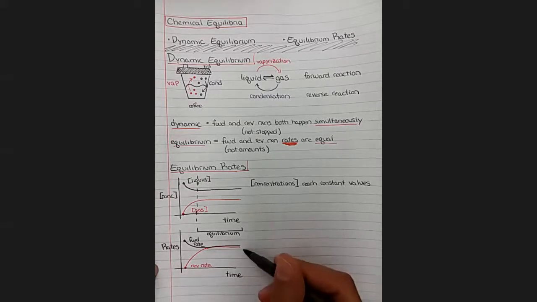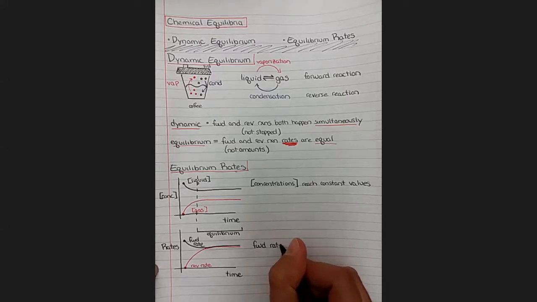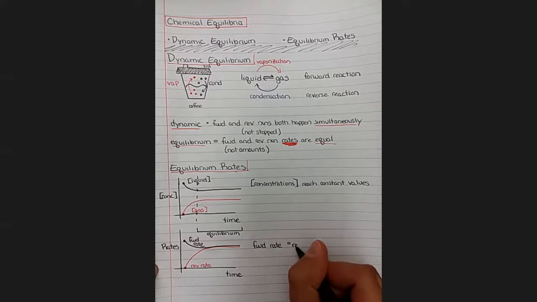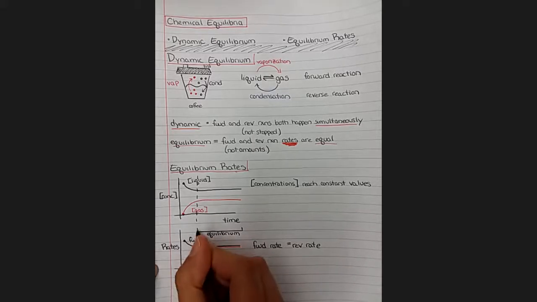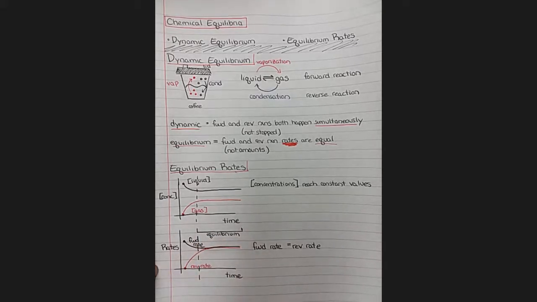So we don't know where this value is going to be. That's going to depend on what the actual rate is, but we do know that the numbers are going to be the same at equilibrium. So the forward rate equals the reverse rate at equilibrium, and hopefully this line is at approximately the same point. It's not awesome.